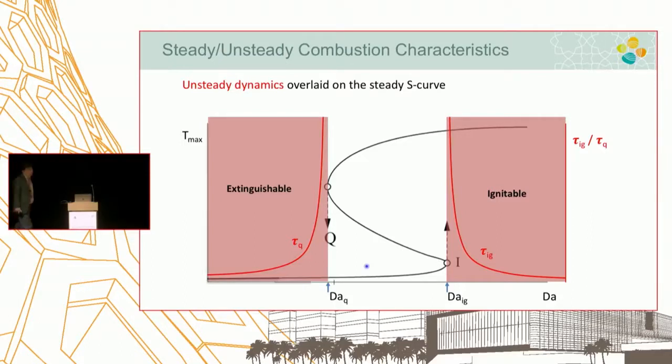Yes, so I will show you the example of what happens to this S-curve when there is more than one time scale. And you can create multiple reaction turning points. But yeah, it is actually important. The turning point is an important phenomenon of interest. And each turning point is driven by certain chemical reaction pathways.